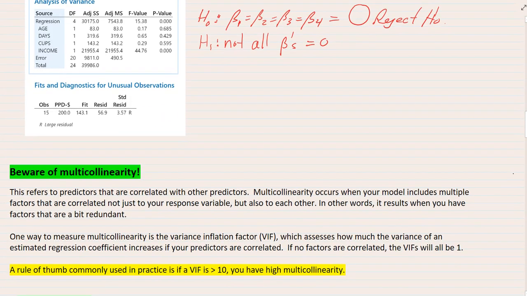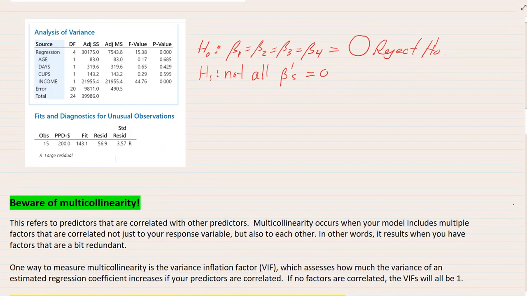Now, because we have so many independent variables in our model, there is potentially a possibility that we have duplicate independent variables that give us duplicate information. So anytime we have a multiple regression model, we should concern ourselves with the issue of multicollinearity. Multicollinearity is when independent variables become correlated.